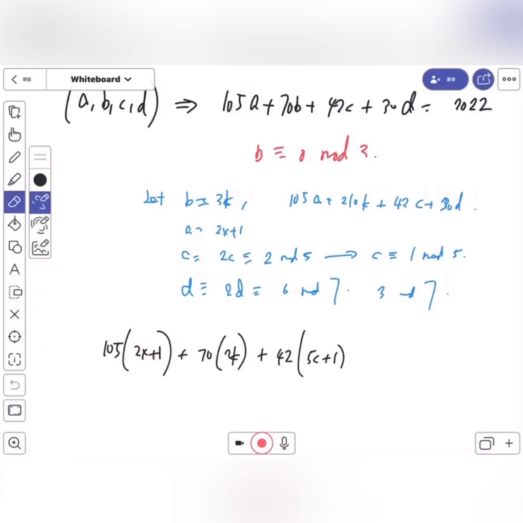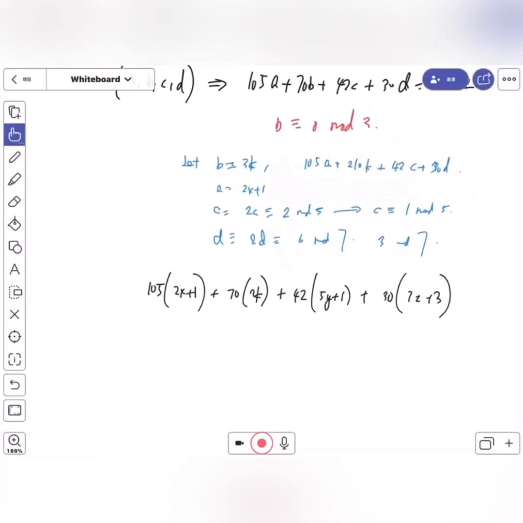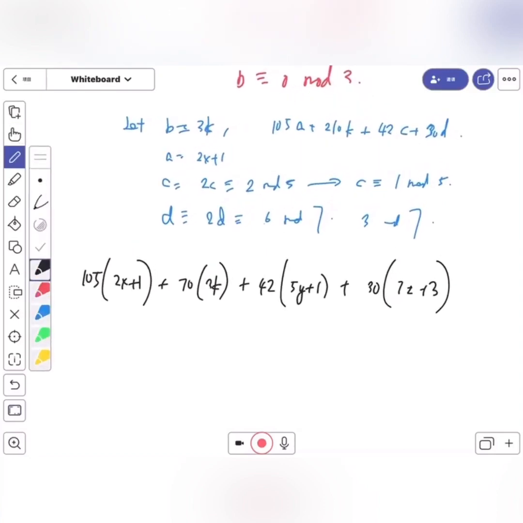Now we're going to add to it 30 times (7y plus 3). So there are actually two cases, and we're going to do them one by one.